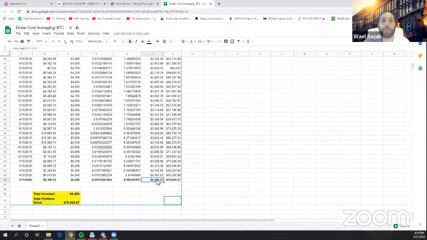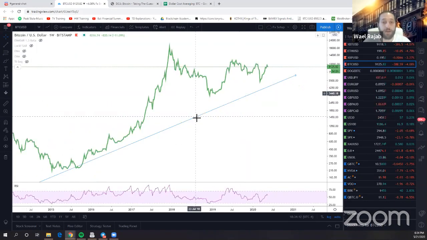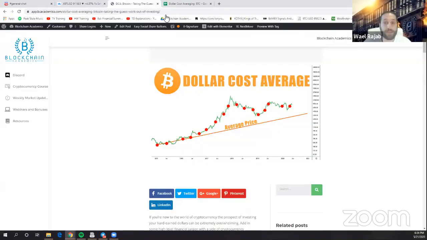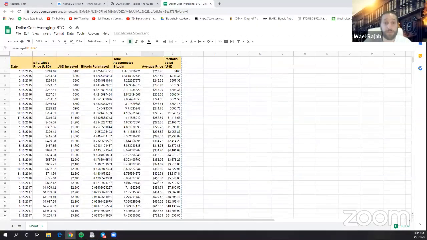We're still feeling pretty nice. We're still feeling amazing. The price is at 91.25 right now, and you guys saw that illustration. So I'm gonna put my graph back. Perfect. So you guys just saw that with $100 every month, you have earned almost 8.5 Bitcoins at an average rate of $4,200. And look at some of these buys.